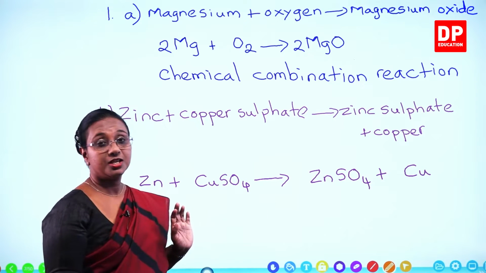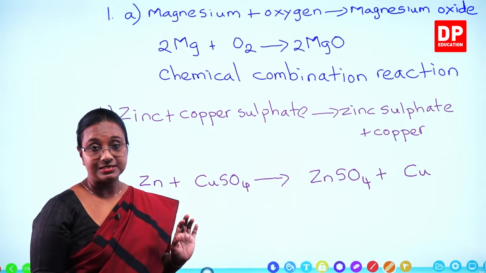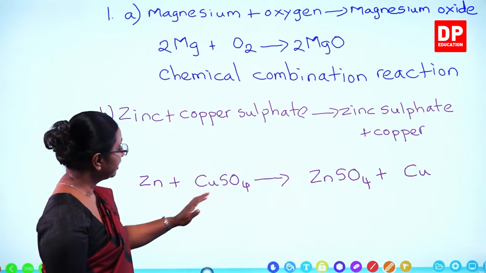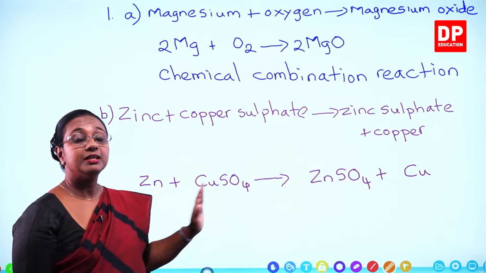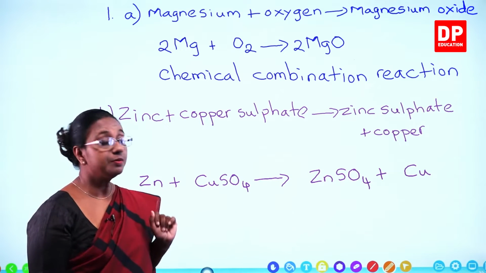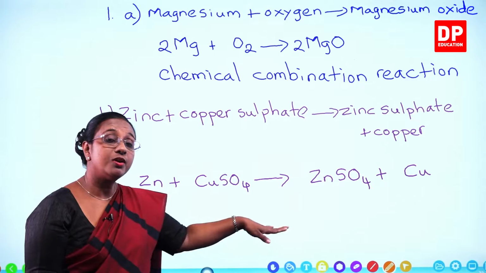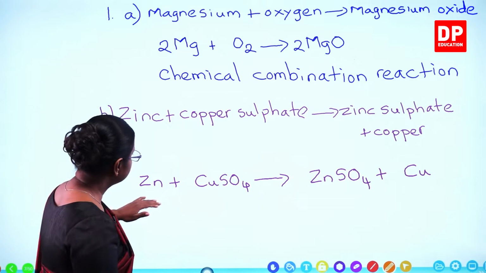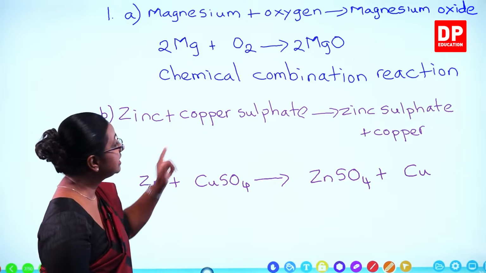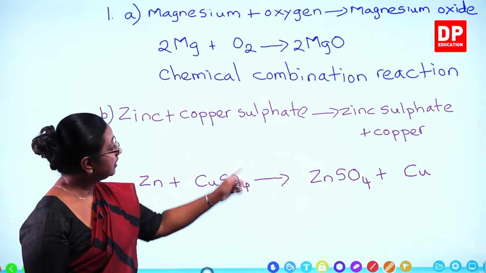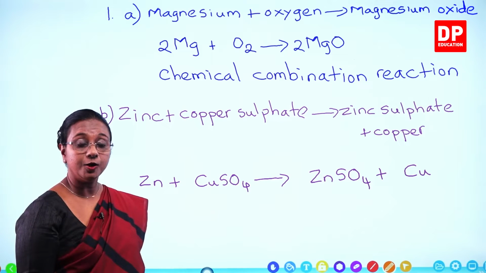The reaction is already balanced. The atoms of the elements on the reactant side are equal to the atoms of each element on the product side. This is the balanced chemical equation of the reaction between zinc and copper sulfate, giving rise to zinc sulfate and copper.